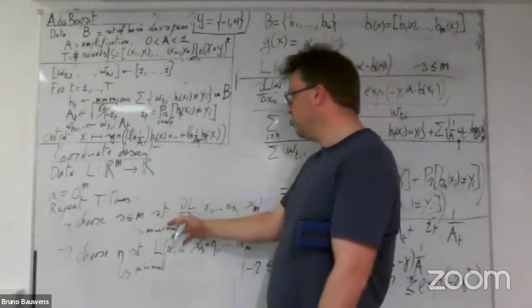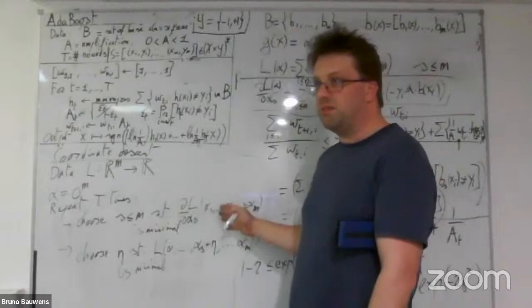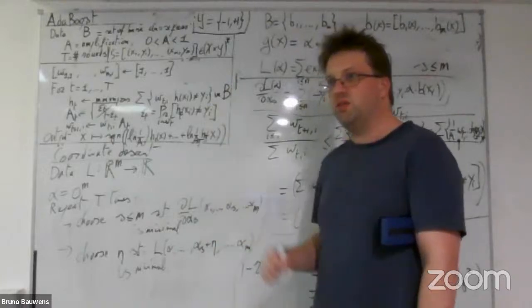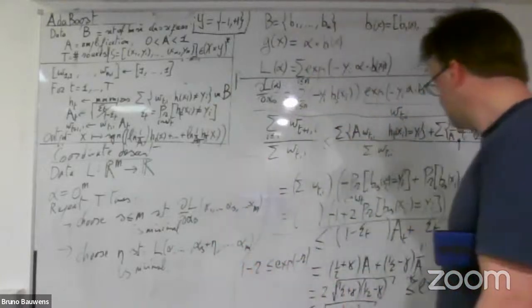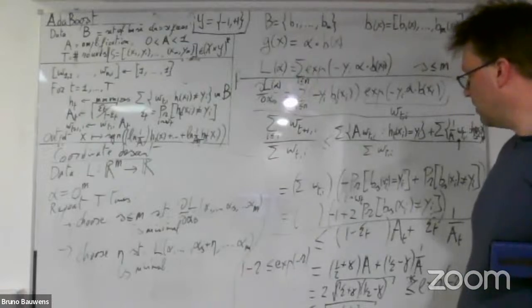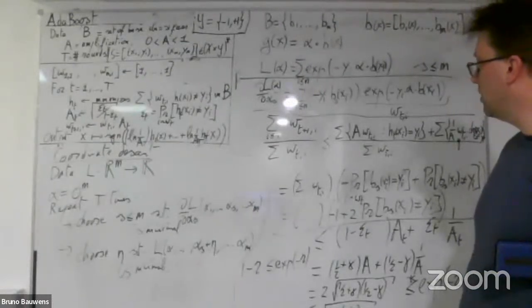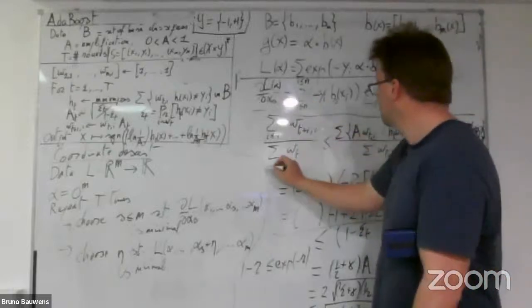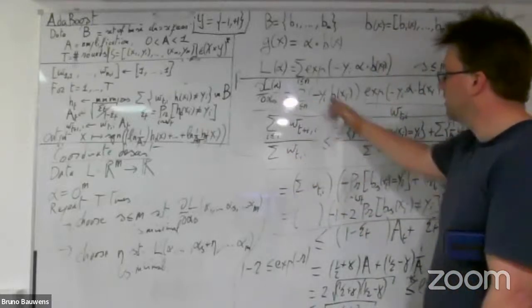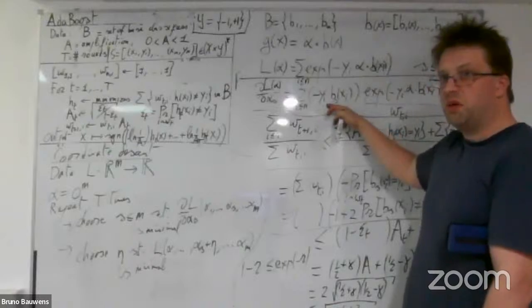Maybe it makes sense to put an absolute value here and maximize the absolute value of this function, and then you can choose the direction. So this formula is a formula for the partial derivative. Okay. And we want the most negative.